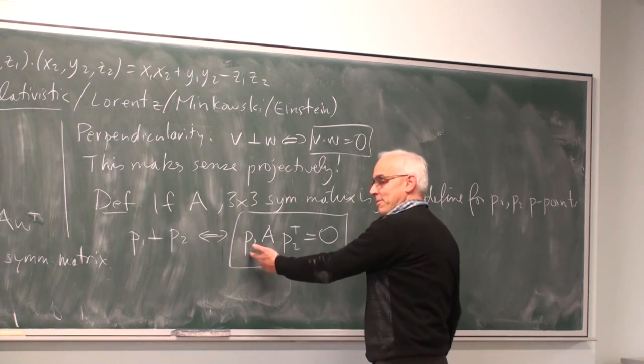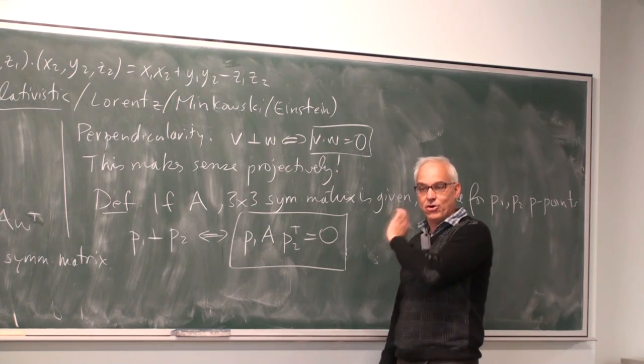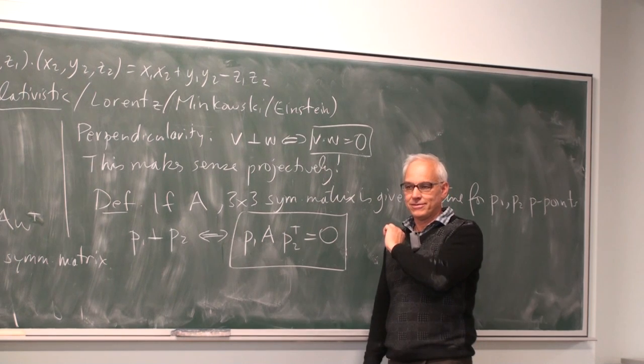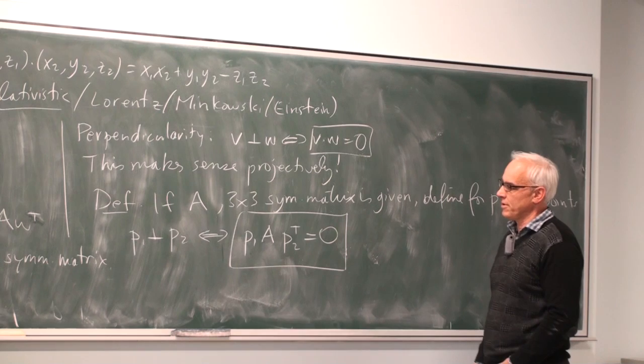So even if you multiply P1 by a scalar, this condition is not going to change. Being 0, that condition doesn't change if you multiply by a non-zero scalar. That's a projective or homogeneous condition.